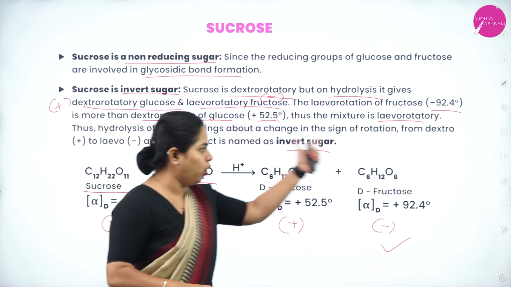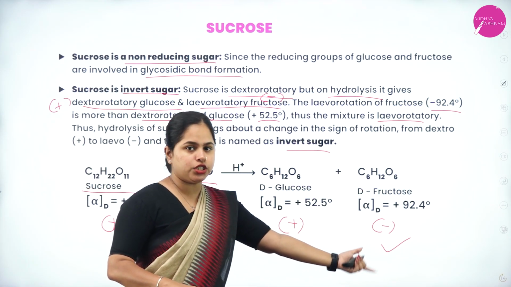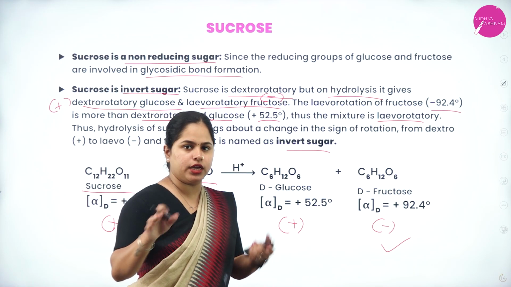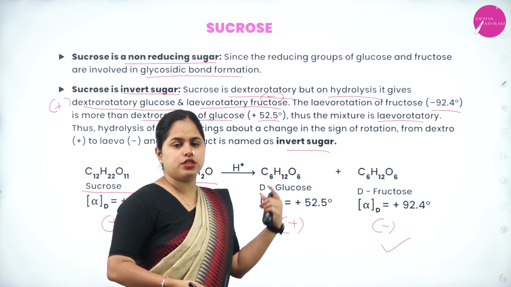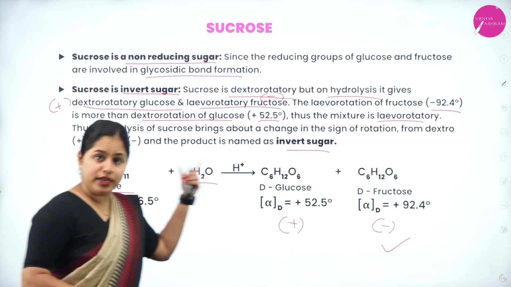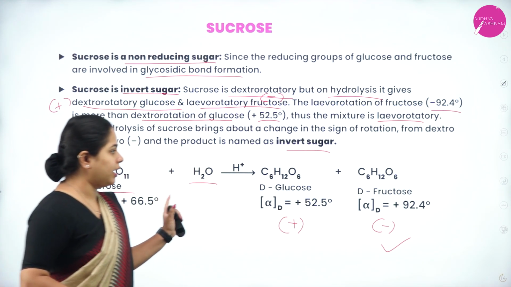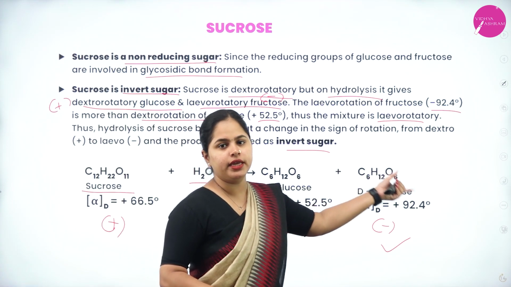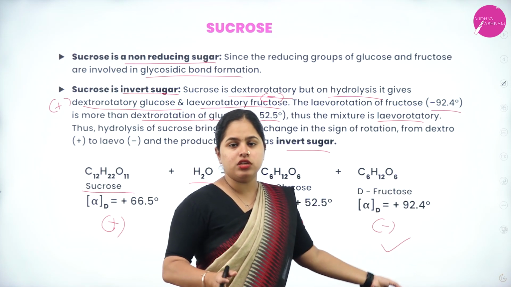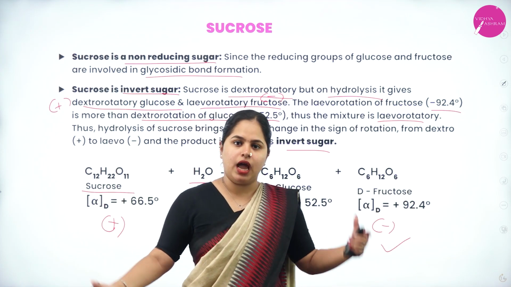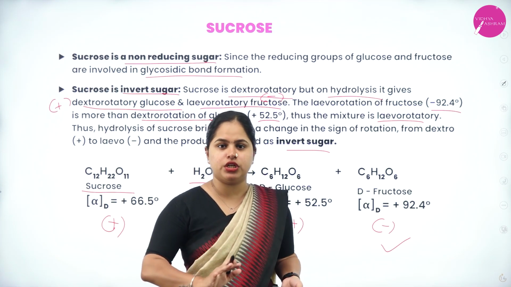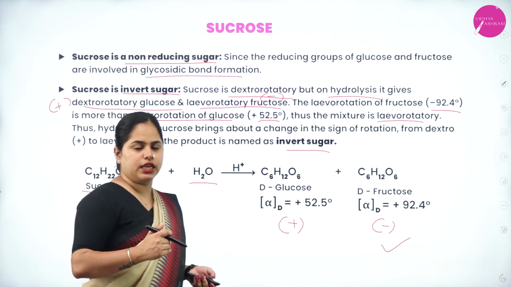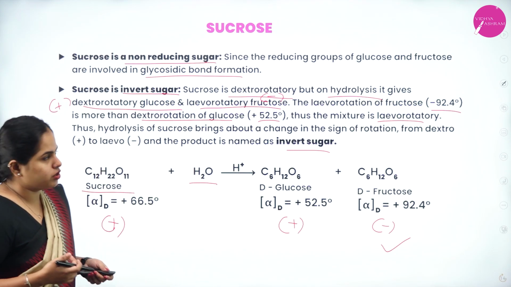Because of that, the whole mixture is going to rotate more in the anti-clockwise direction, so overall the mixture is levorotatory. Initially it was plus and after hydrolysis it is minus, so there is an inversion in the rotation. That is why it is called invert sugar. So this point is important to remember.